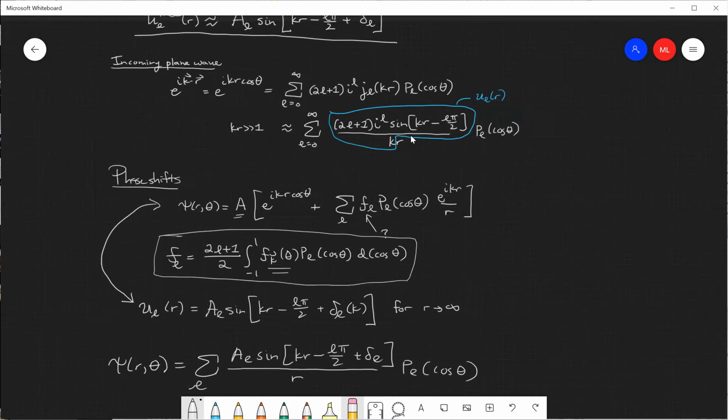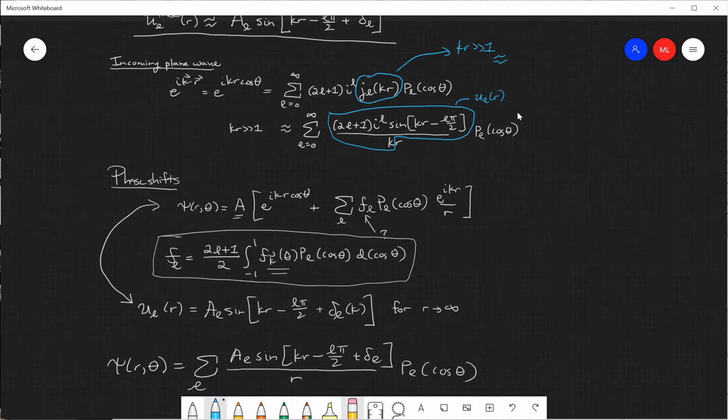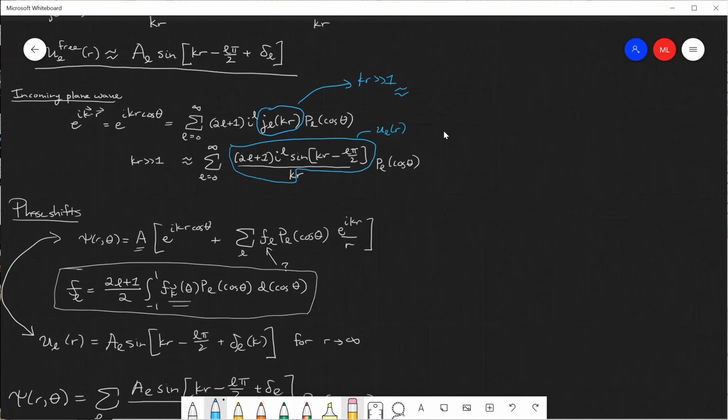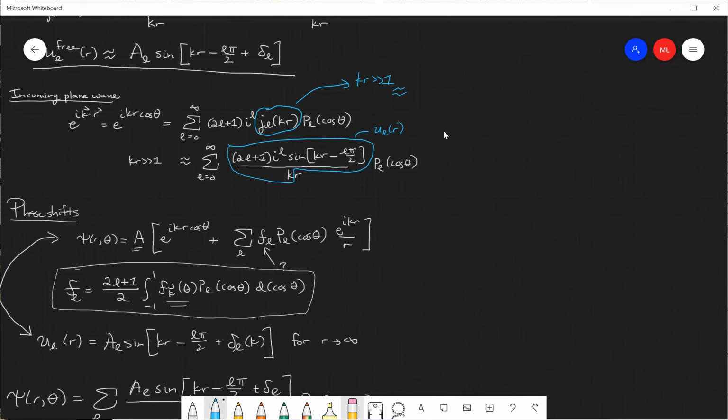It's convenient, though, not to write it in terms of sines, but to write it in terms of complex exponentials. This guy, far enough away, for kr much bigger than 1, instead of writing the sine, you can write this as follows.